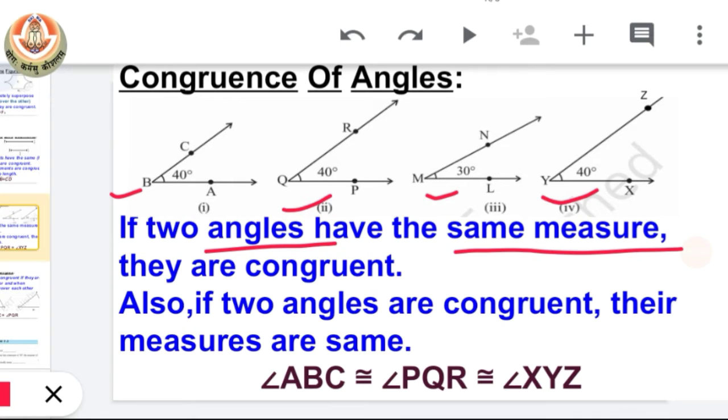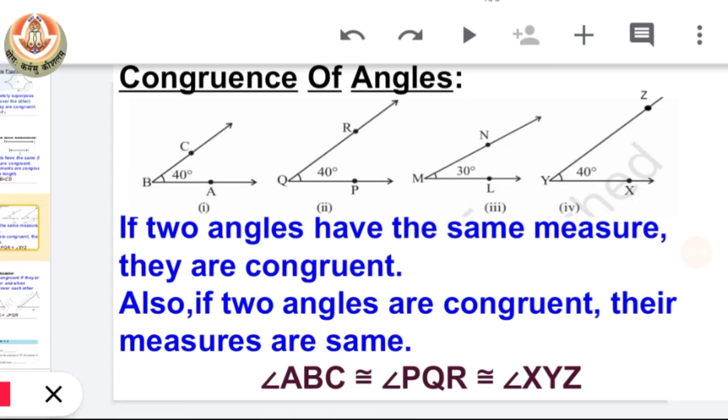Among all four, the first, second and fourth figures have the same measure, so we can say that the first, second and fourth angles are congruent to each other.